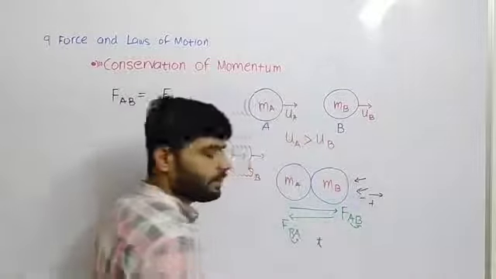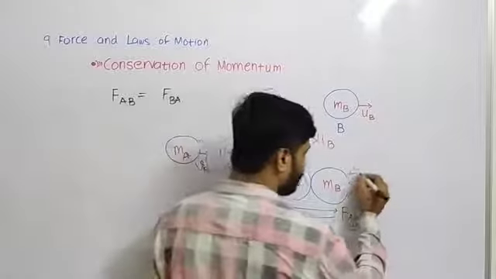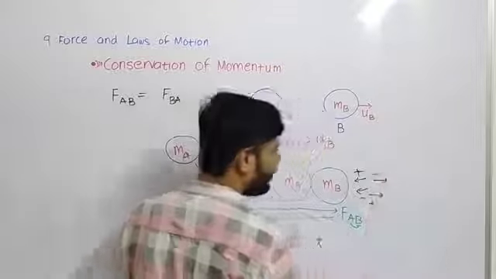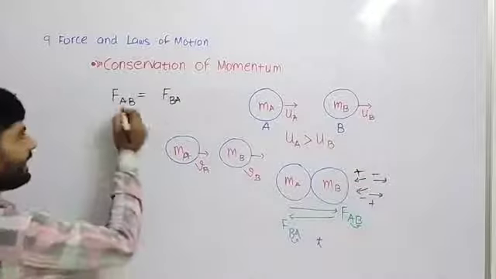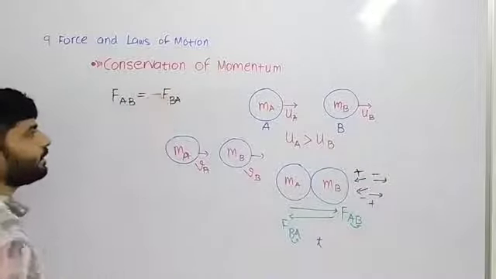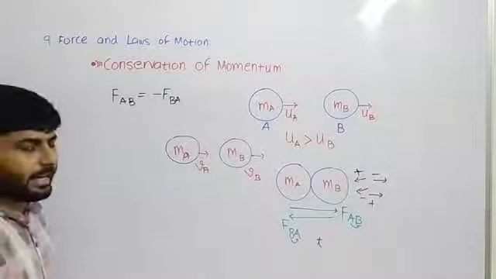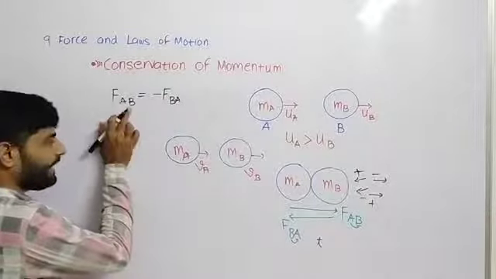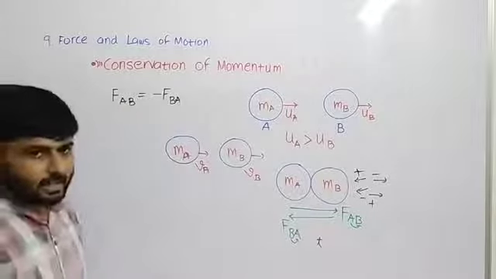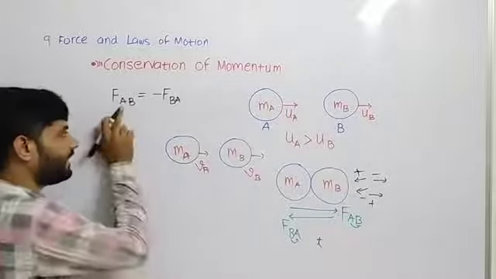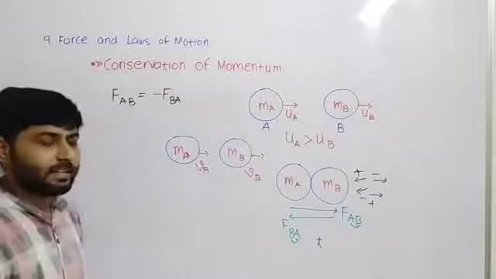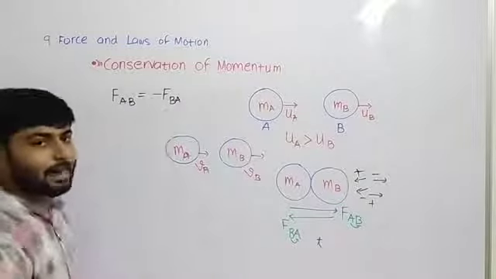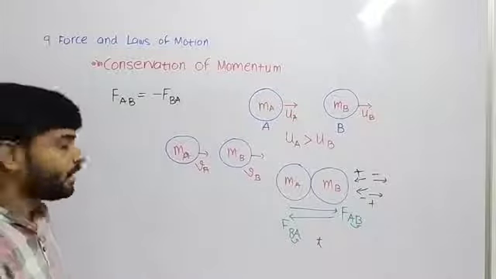If we take the left side force as positive, we have to take the right side force as negative. Let's take FAB is equal to minus FBA. FAB is the force exerted by A on B, and FBA is the force exerted by B on A.